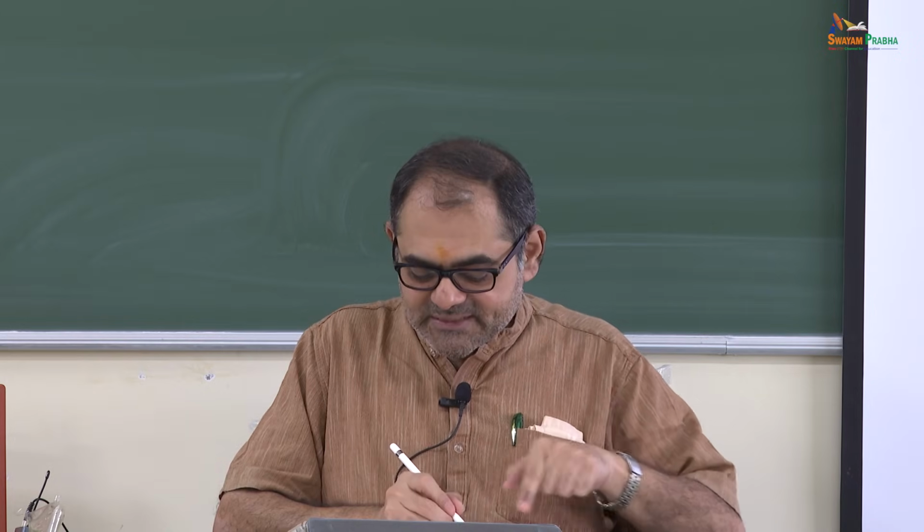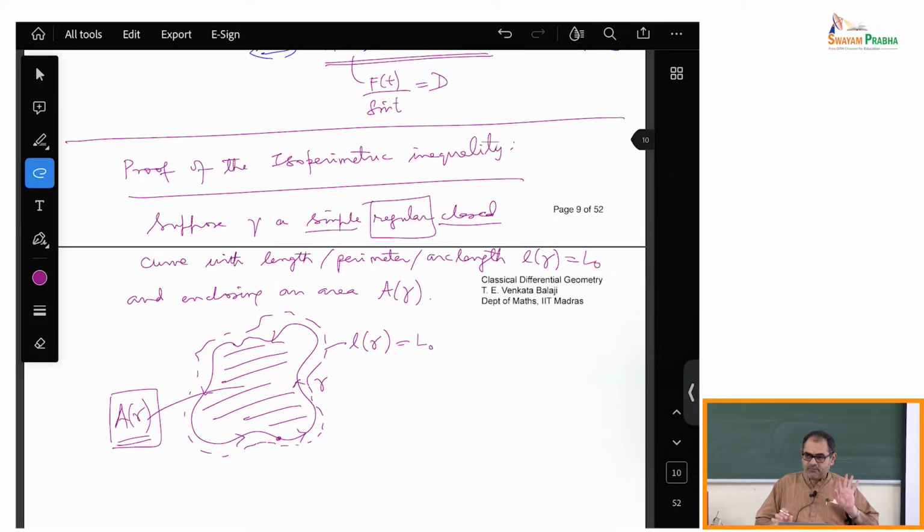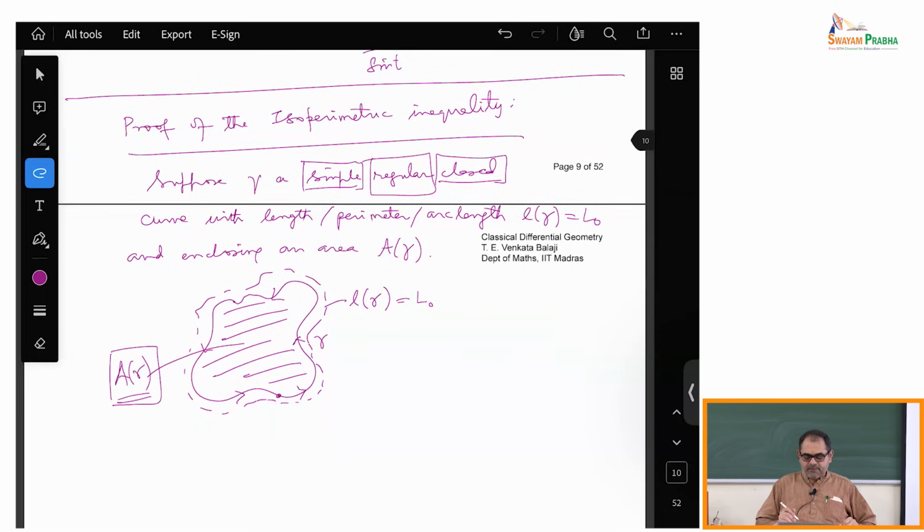So that is very, very important theoretically, because if you take an abstract curve, whose shape you do not know, you still need to know that it really encloses a bounded area, a well defined area. Now that is guaranteed by the Jordan curve theorem, okay. So to make sense of this A of gamma, you need the Jordan curve theorem, and for the Jordan curve theorem you need a simple closed curve. Mind you, smoothness is not required, just continuity is enough, okay. So it's a deep theorem, all right, but we are using it in that sense.